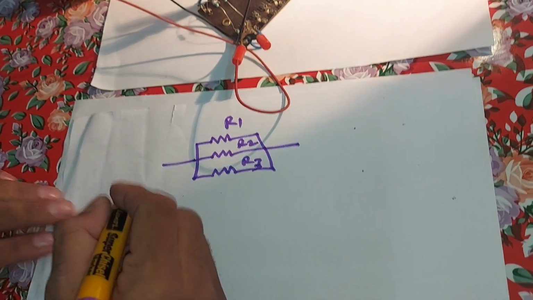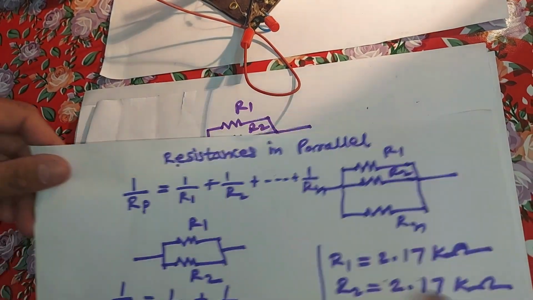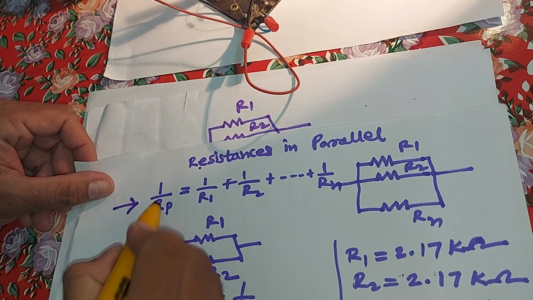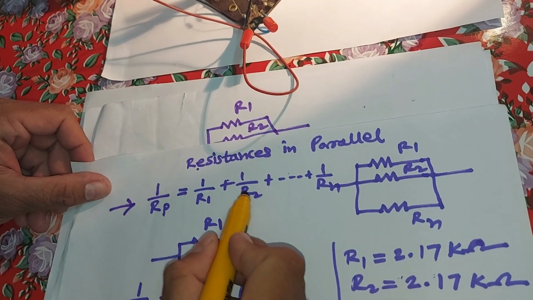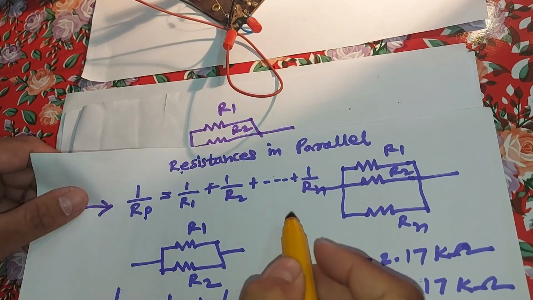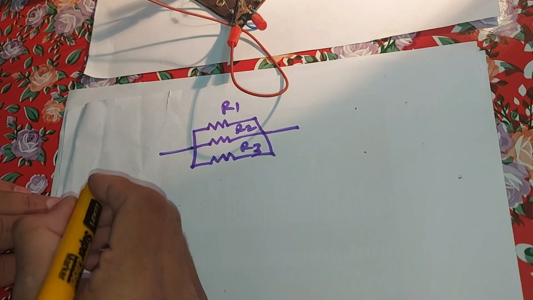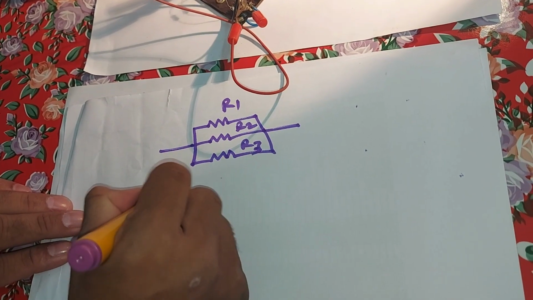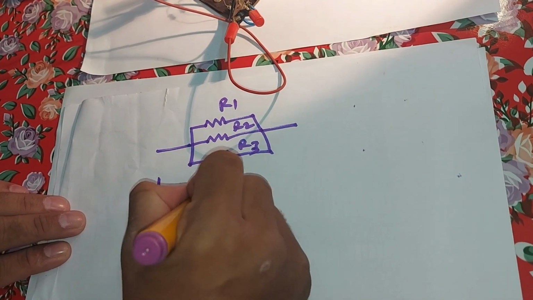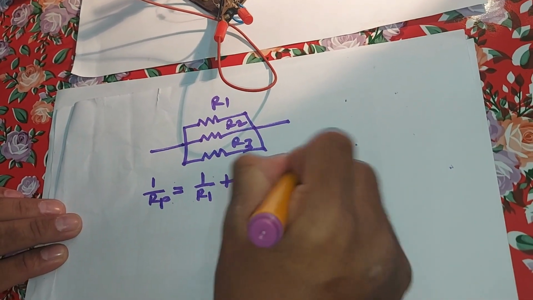Now in a similar way, I had shown the formula for n number of resistances here: 1 upon Rp is equal to 1 upon R1 plus 1 upon R2 plus so on plus 1 upon Rn. So for three resistances we can write this as 1 upon Rp is equal to 1 upon R1 plus 1 upon R2 plus 1 upon R3.